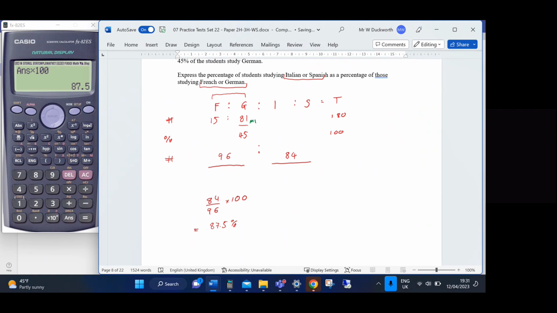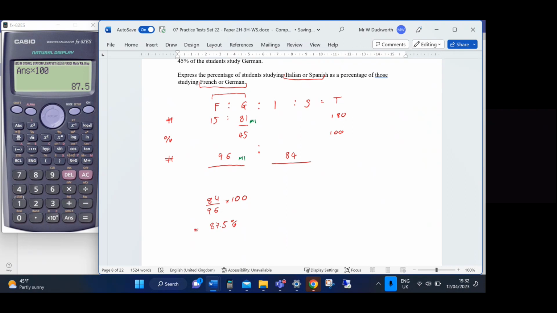And if I'd worked it out as a decimal or as a fraction, I would have got a recurring decimal, so they've gone for that first of all. Anyway, M1 for method to find the number of students studying Italian or Spanish, or French or German. So that gets me the first one there.